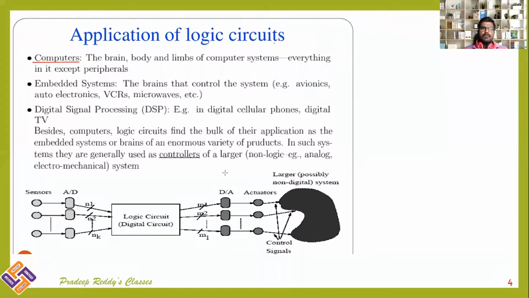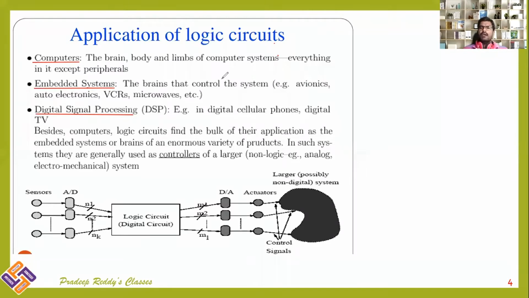We can use logic gates in a computer, in embedded systems, and in digital signal processing. In a computer, the brain, body and limbs of the computer system, everything is made up of these logic gates.